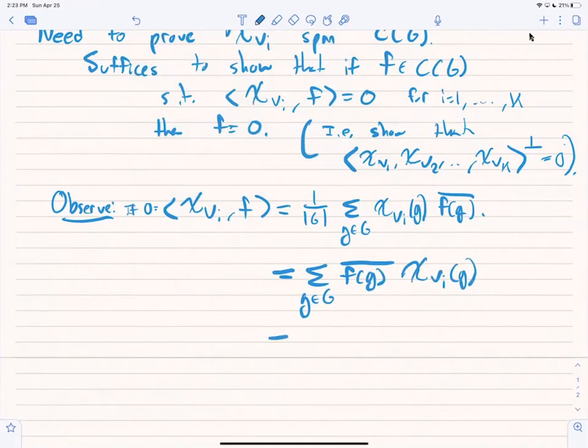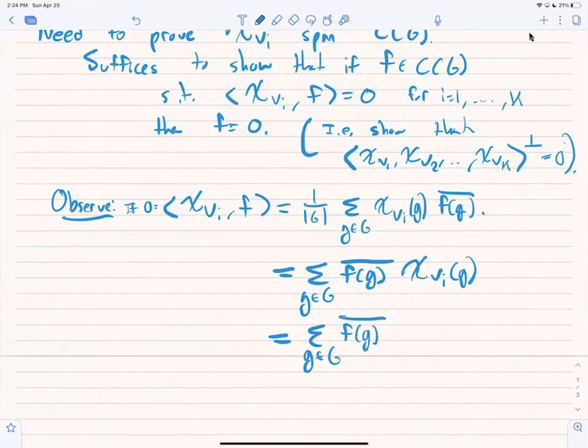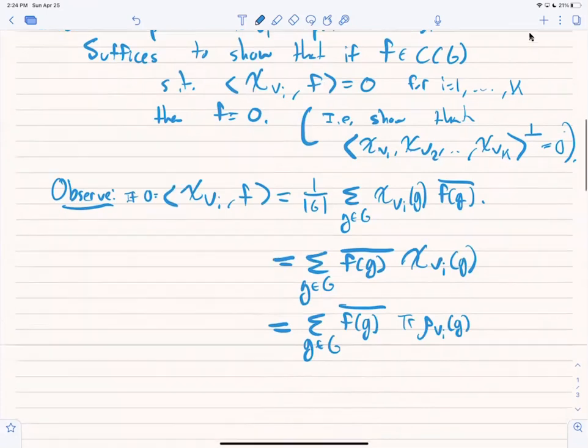And recall that chi sub v_i of g is just the trace of rho sub v_i of g.